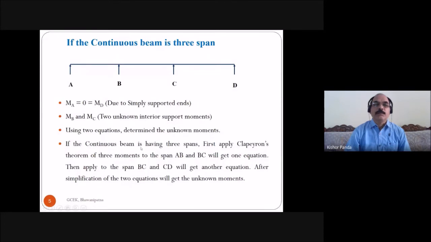If the continuous beam has three spans, first apply the theorem to the span AB and BC to get one equation, then to the span BC and CD to get another equation. After simplification of the two equations, you will get the unknown moments.